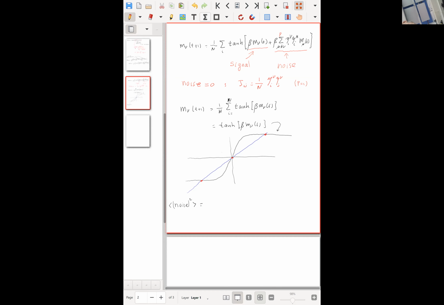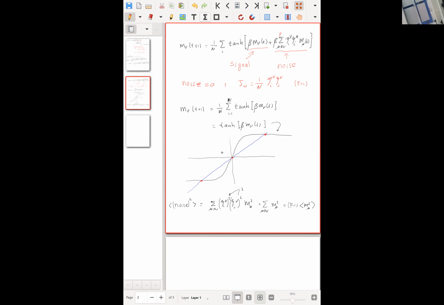Because the terms are independent, it's a sum over mu not equal to nu of eta_i mu squared, eta_j mu squared, m_mu squared. And both of these, of course, are equal to 1. So this equals a sum on mu not equal to nu of m_mu squared, which we're going to write as p minus 1 times m_mu squared.